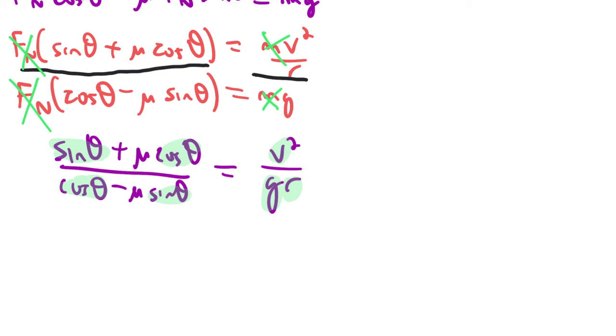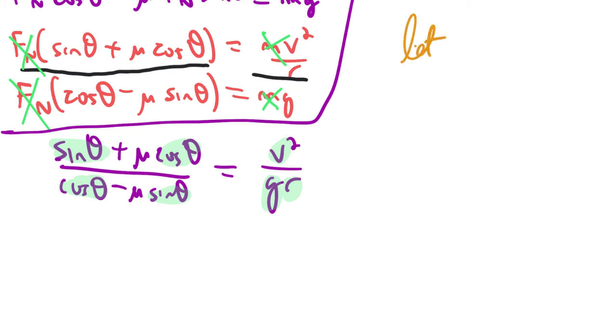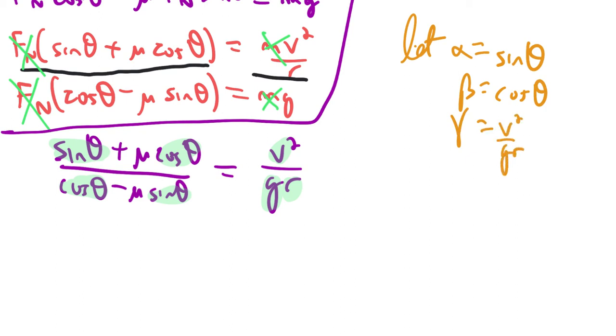So let's block this off for a sec, and let's make the following useful definitions. Let alpha be sine of theta, let beta be cosine of theta, let gamma be v squared over gr. And I'm doing that just because it's going to make my life easier to write stuff out, because now my equation is going to look something like the following.